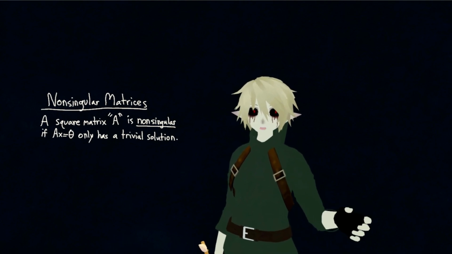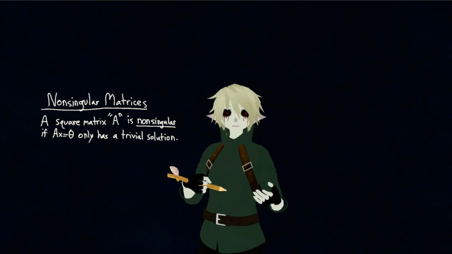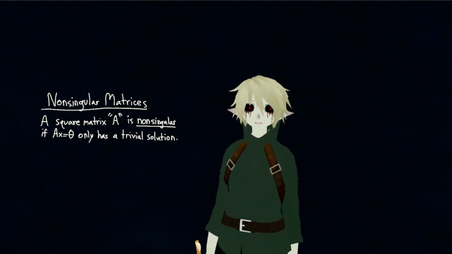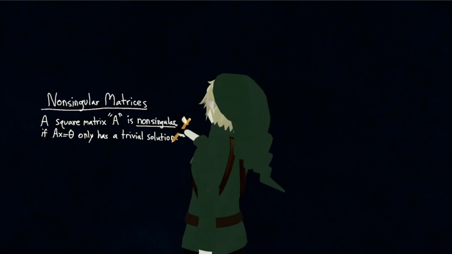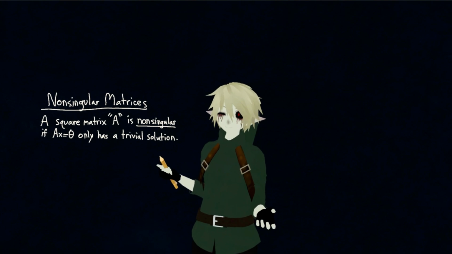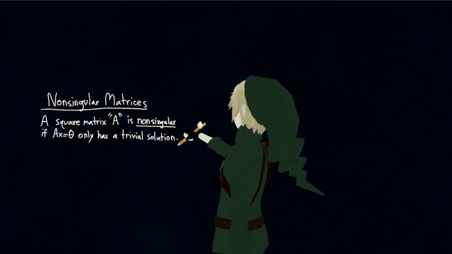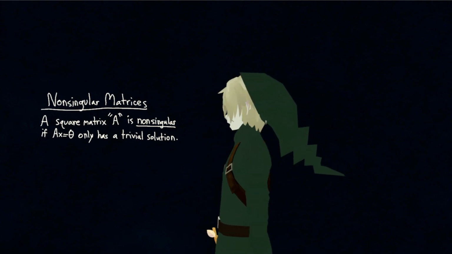I'm not going to bother using the word non-singular since the majority of the time we're just going to be talking about homogeneous systems. But just in case your class wants to talk about non-singular matrices and brings this unnecessary word up so many times.